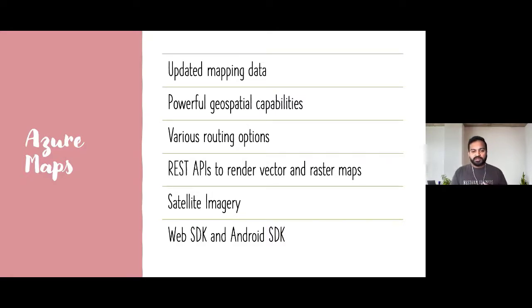They also provide a REST API where you could just make a call, get the map, and then just show it on your app or on your website. Obviously, satellite imagery is also available, and they do have SDKs for web and Android.